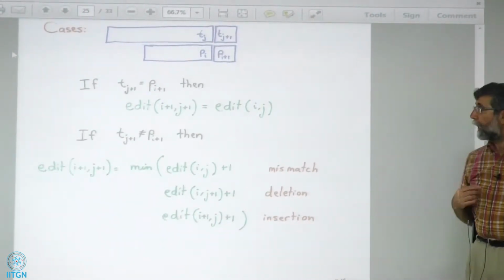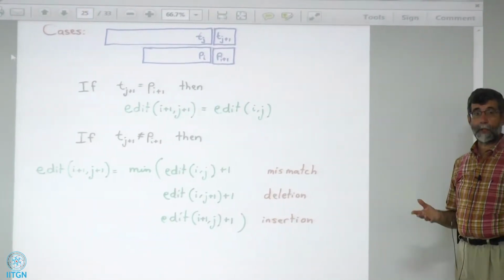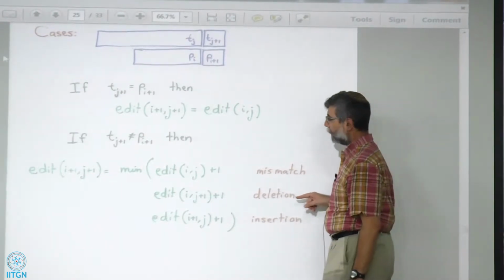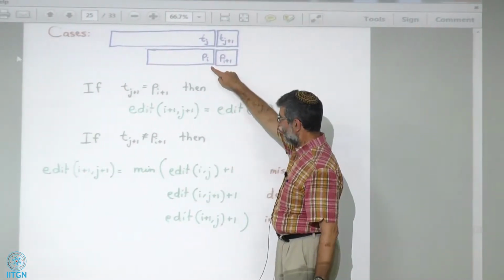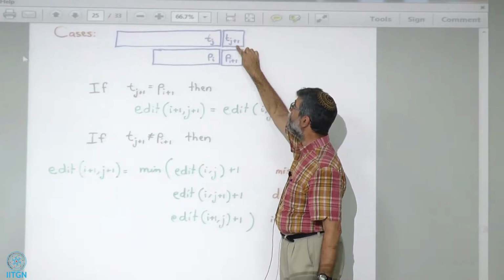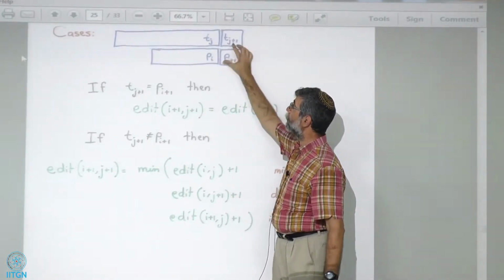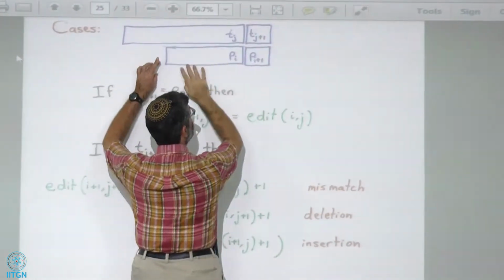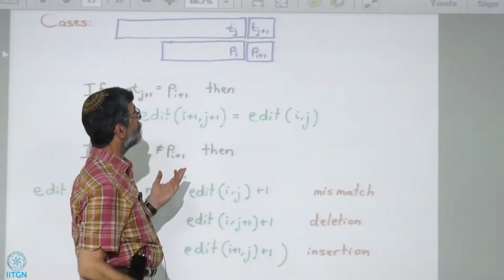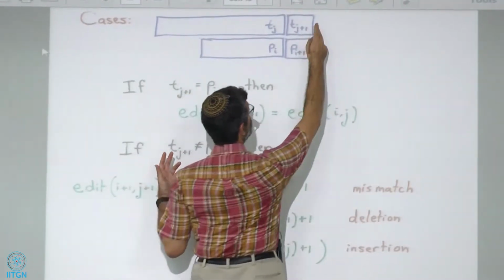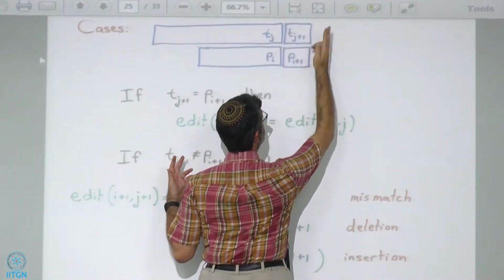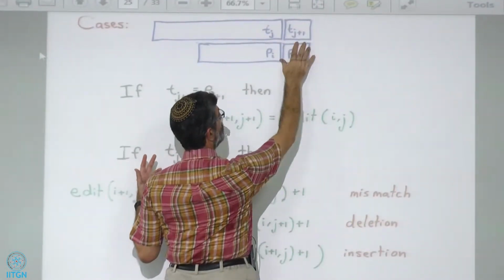So it could be. On the other hand, because we allow ourselves not just mismatches, it could be that there was a deletion here. And in fact, edit(i, j+1) is what I'm looking for. So it could be that if you're looking from here to here, everything matches. And all that there was is really some deletion in the text. So the P(i+1) should have matched something here that doesn't exist. So that's the error.